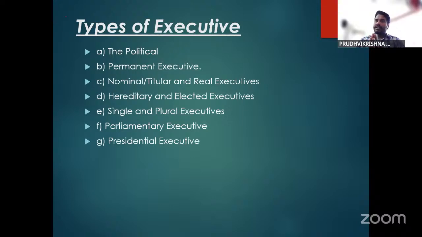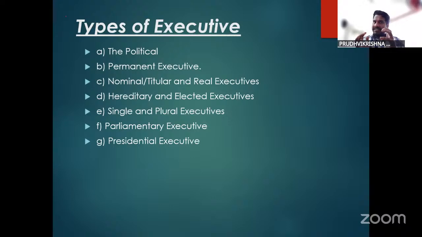Next important type is parliamentary executive, versus which we can also call presidential. How can we say it is parliamentary or presidential? It is based on the relationship between the legislature and the executive. If there is separation of powers, then it is presidential executive.